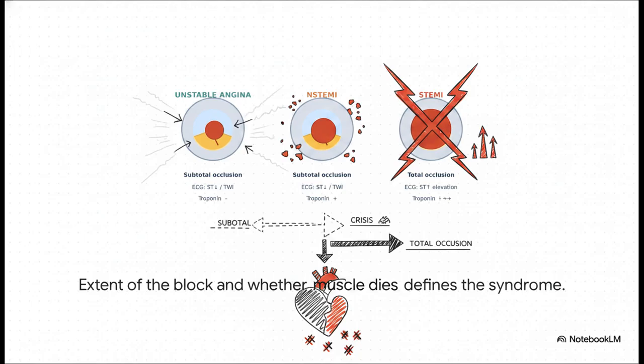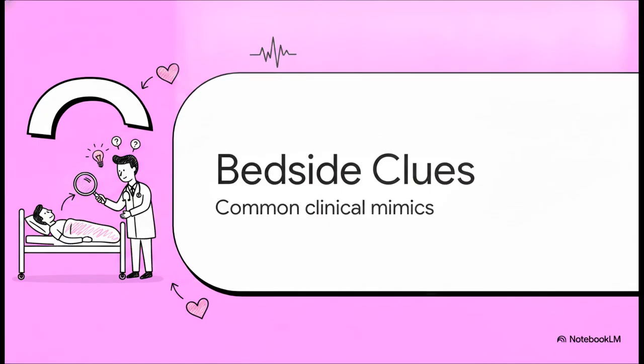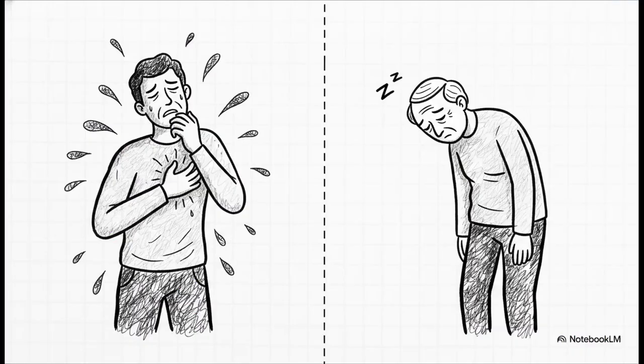Full stop. Moving on to Section 2, Bedside Clues and Common Mimics. Let's shift our setting directly to the patient's bedside. When you're presenting a new admission to me on rounds, I expect you to look past the obvious and catch the subtle clues. A solid classic handoff will describe crescendo pressure radiating to the jaw or left arm, often with those familiar tagalongs like diaphoresis or nausea.